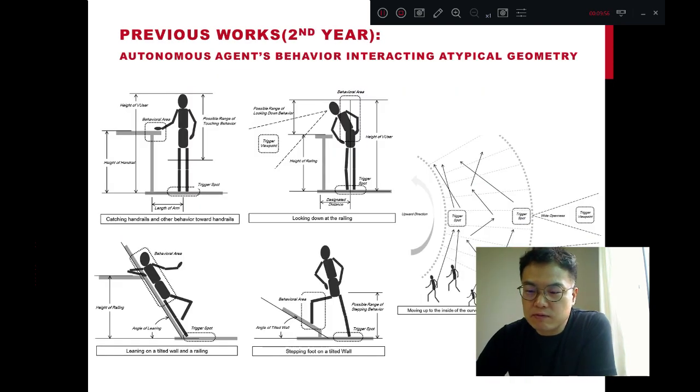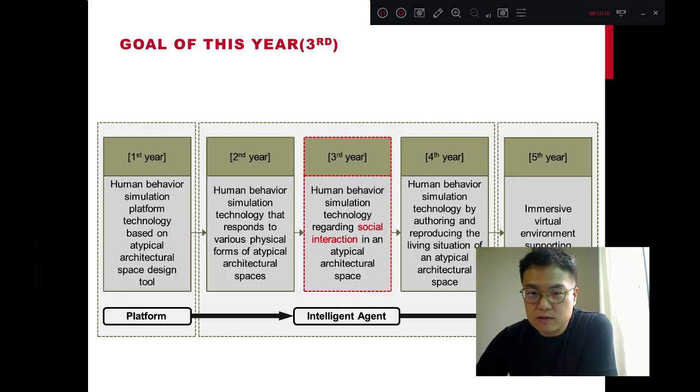Based on field research, we characterized some behaviors, and in the second year we're going to develop autonomous agent behavior interacting with artificial geometry.